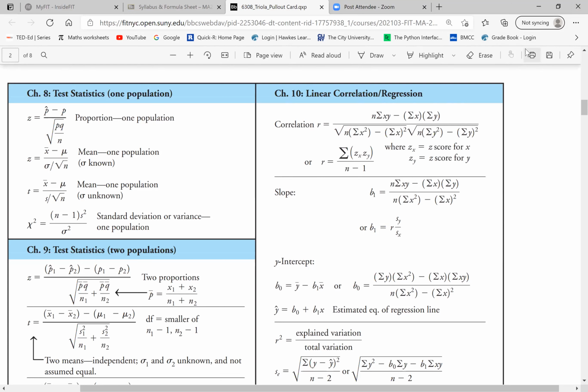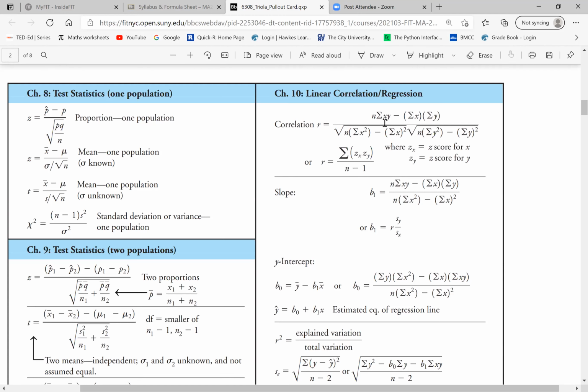In this formula, we need several things. We need to sum up all the X values. This symbol means sum up all the X values. The second one, summation of Y, means sum up all the Y values.